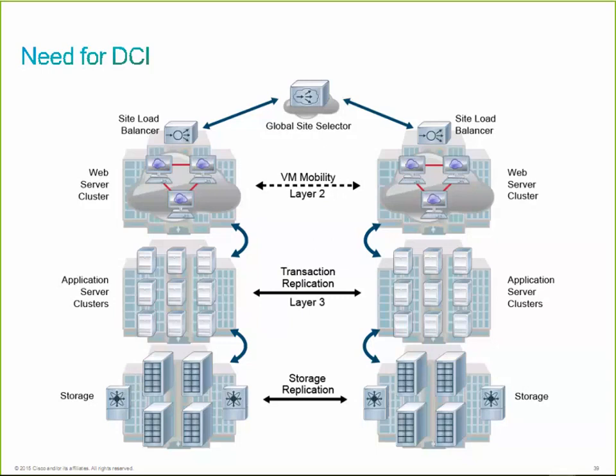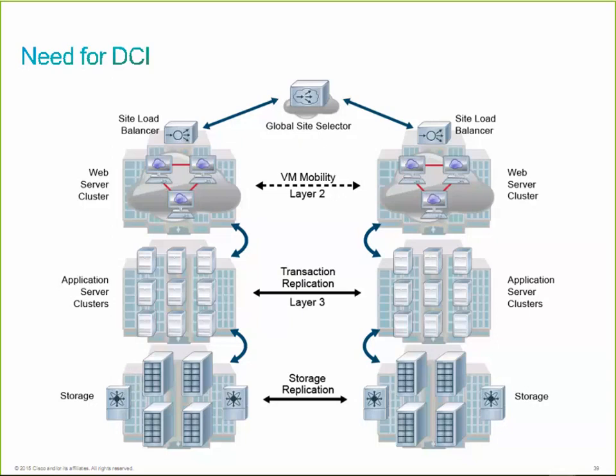Storage replication, those requirements are going to differ from our VM and IP address mobility requirements and our transactional application replication requirements, right? It depends on the storage protocol that you're using, right? Fiber channel, for example, is going to require some sort of layer 1 DCI, so we're going to have some sort of fiber optic connection. Fiber channel over Ethernet doesn't necessarily need a physical layer DCI.